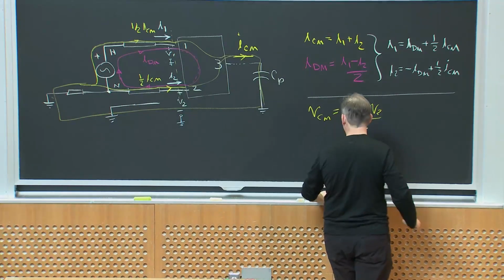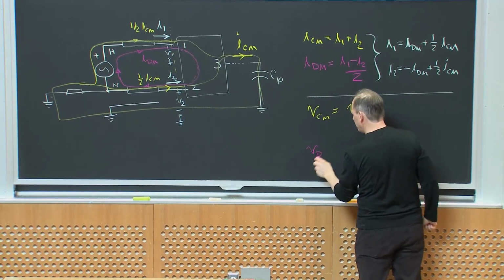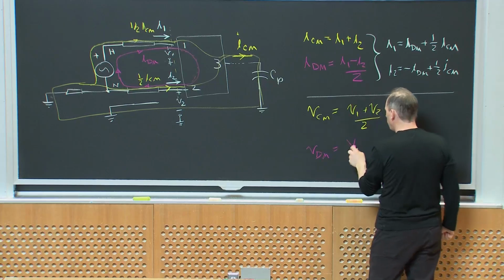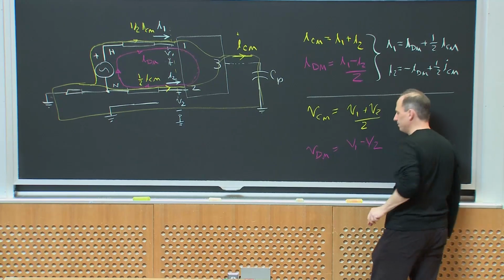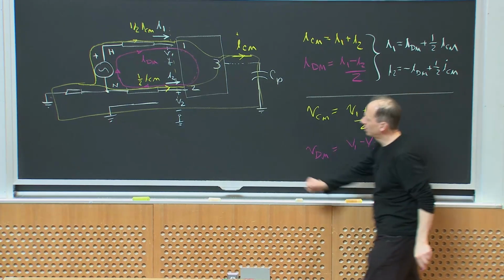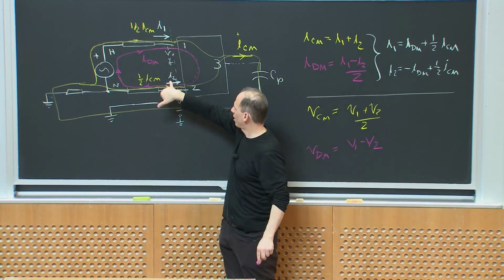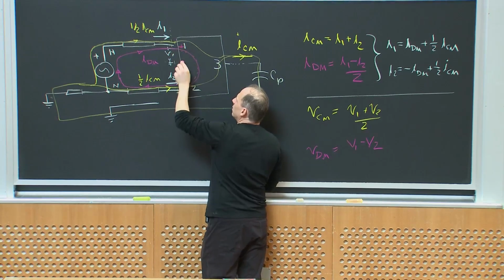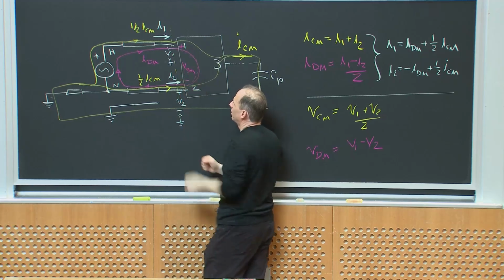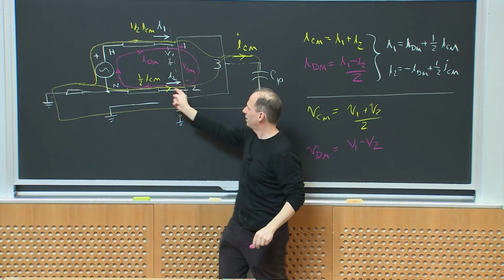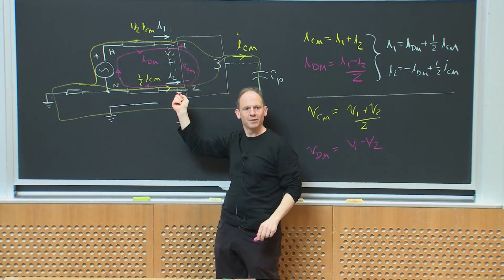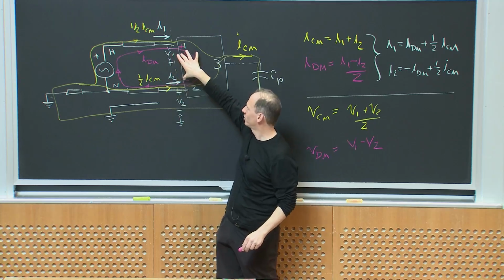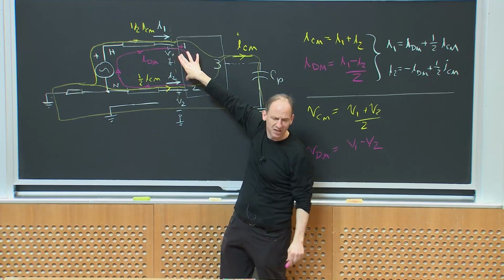The differential mode voltage, VDM, is simply equal to V1 minus V2. Okay? If I thought about it, V1 with respect to ground minus V2 with respect to ground is this voltage, VDM, right? That's the voltage I was intending to apply to my device. It's the difference between the two terminals, sort of the input of my device.